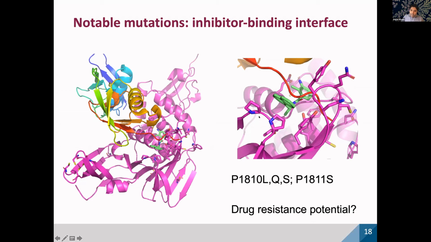So what that might mean is that these mutant proteins will have a different interaction profile with the inhibitor. They may bind the inhibitor less well compared to the wild type, but given that the substrate is farther away from the sites of these mutations, that may have no impact on substrate binding.